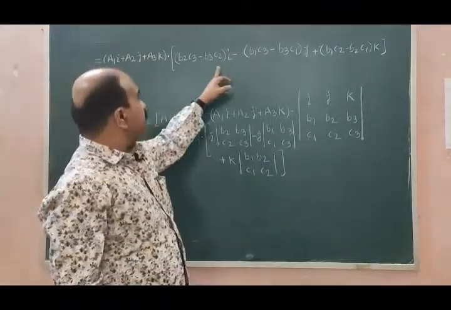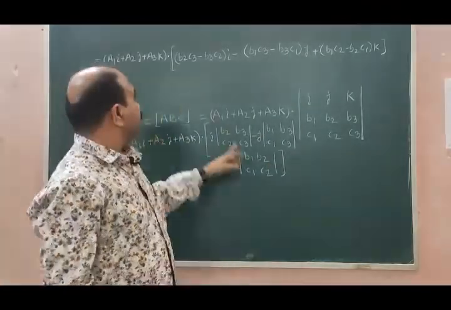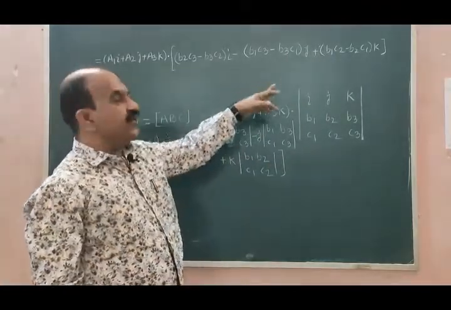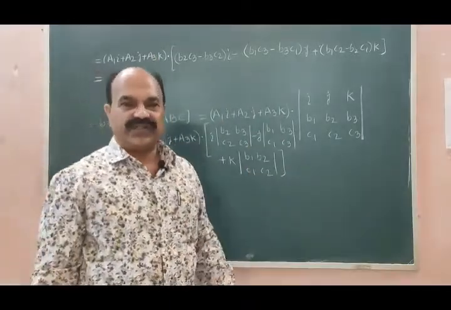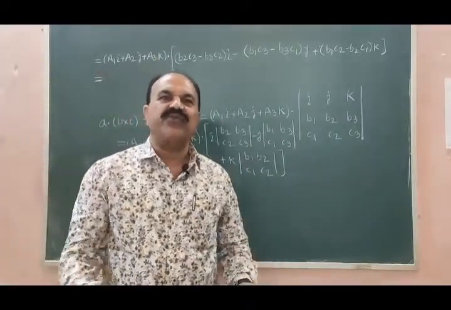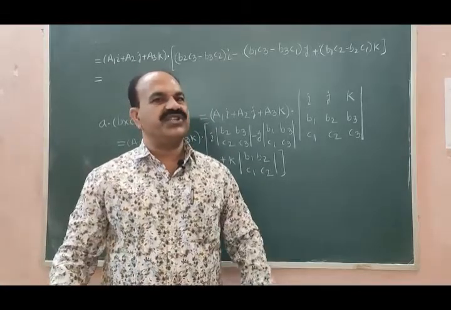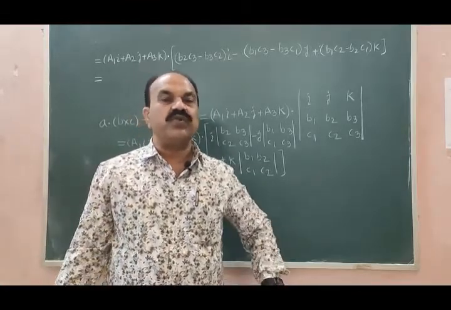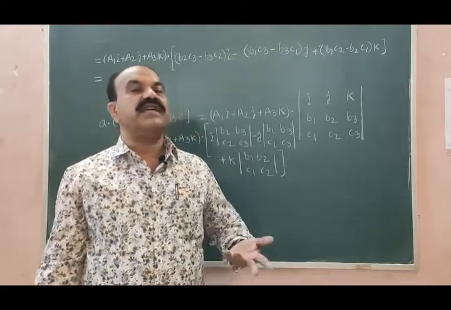Six terms are going to 0 automatically, so don't go for those 6 terms. Just go for only 3 terms, the 3 terms which will survive.